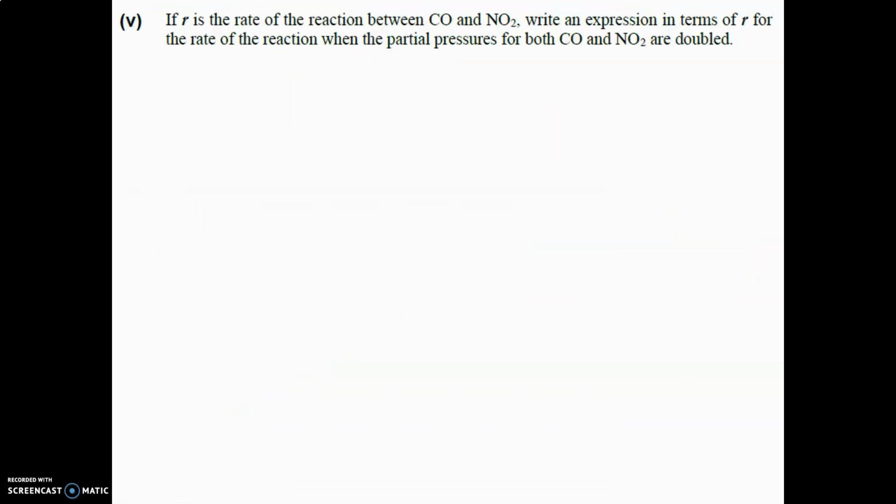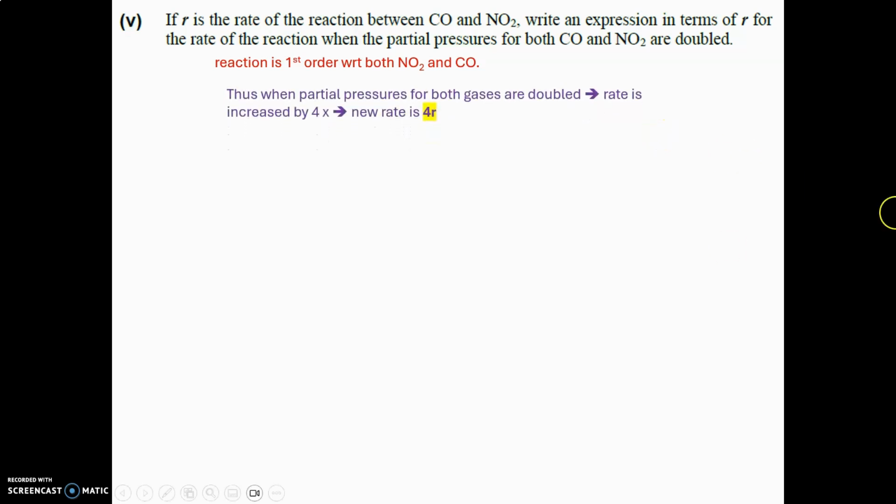Next, if R is the rate of reaction between CO and NO2, what happens to the rate when both CO and NO2 partial pressures are doubled? We've already established that the reaction is first order with respect to both gases. So we are going to do it step by step.